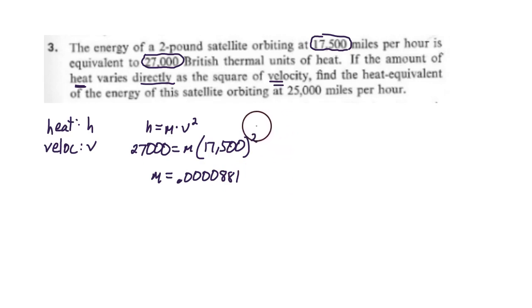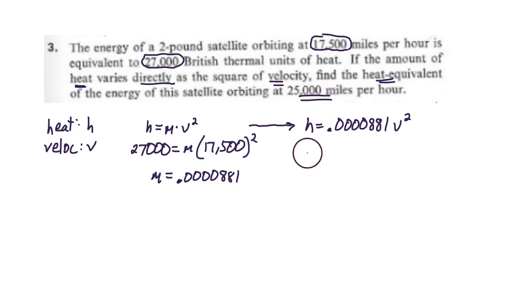Now that we know the value of m, let's rewrite our equation that relates H and V. Again, the value of m actually has more digits than what I'm writing down. Now let's go to the last sentence in the problem, and it says, find the heat if the satellite orbits at this velocity.